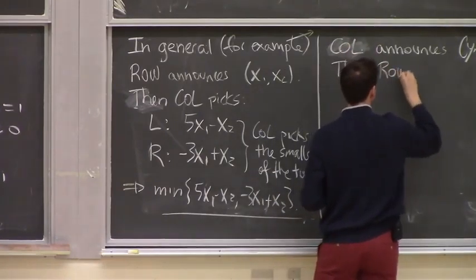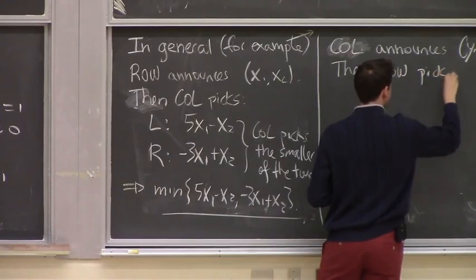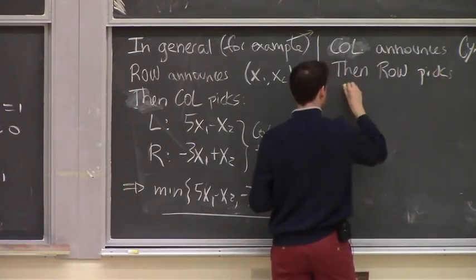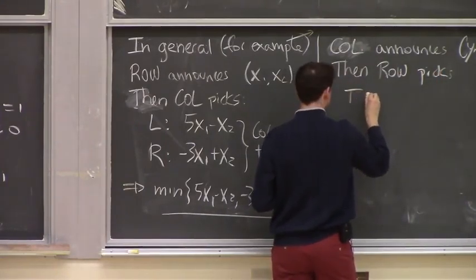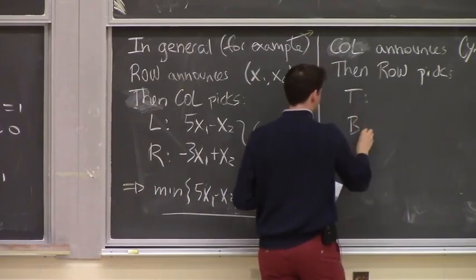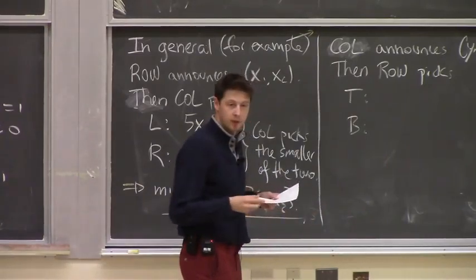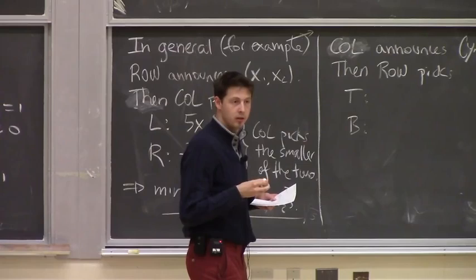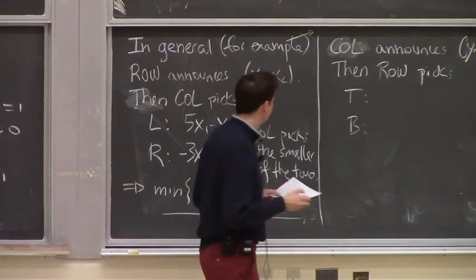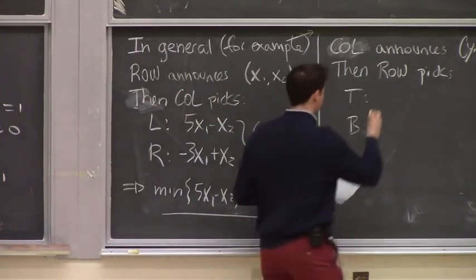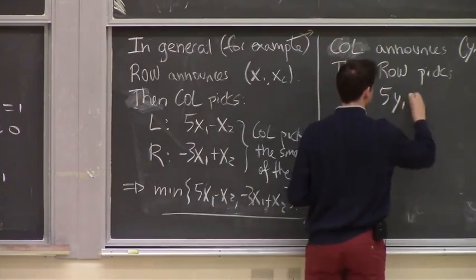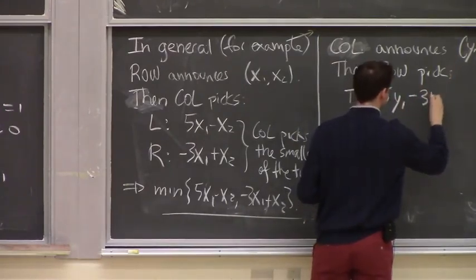Then row picks either top or bottom, right? So in the top case, what does he experience? Yeah, 5y1 minus 3y2.